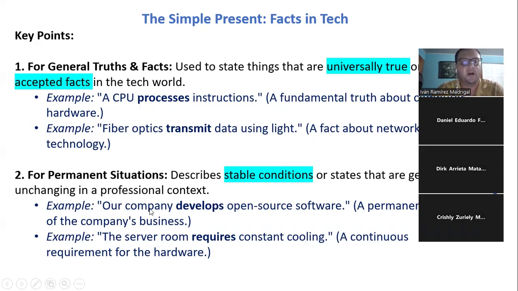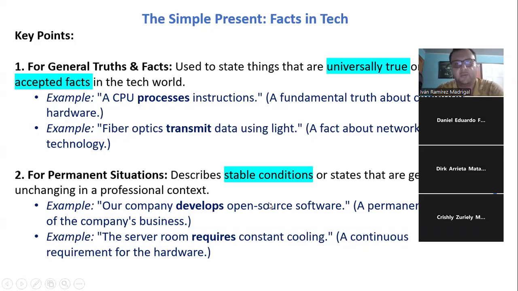For example, example one says, our company develops open source software. That is what the company does. The company was created to do this. It's a stable condition. The company is not going to change. Okay? It's not going to change the type of production or maybe the item they produce.